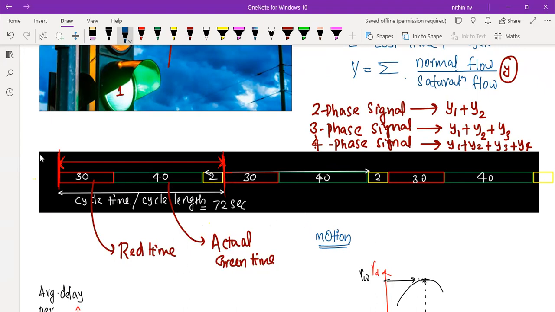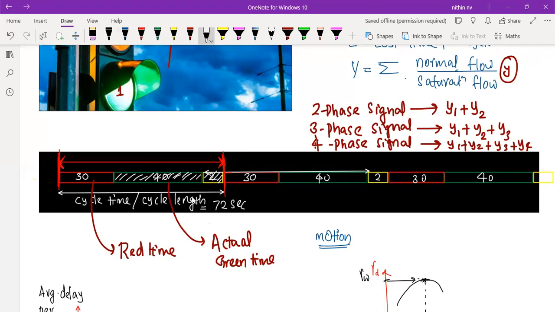Which means what? The green time. In the green time, definitely vehicles will be moving. Obviously, all this time, vehicles will be moving. What about the amber? In amber also, vehicles will be moving. No? They will be slowing down and trying to stop. Right? So sometimes during the amber, vehicles will be accelerating also.